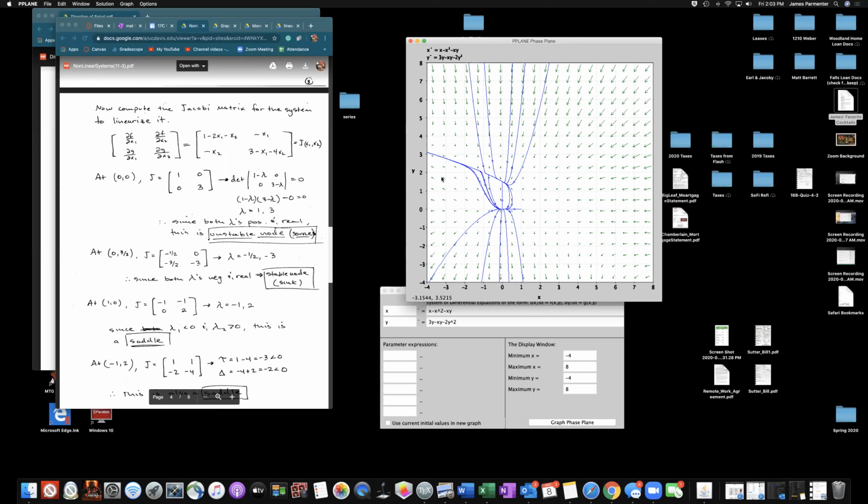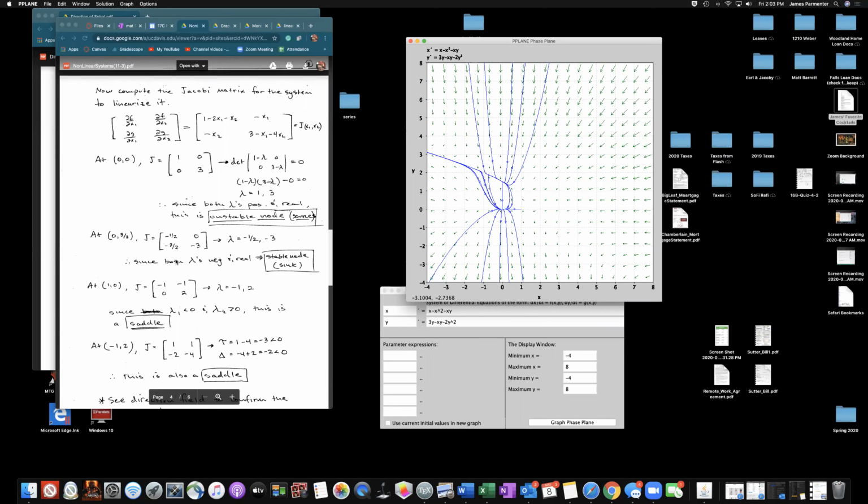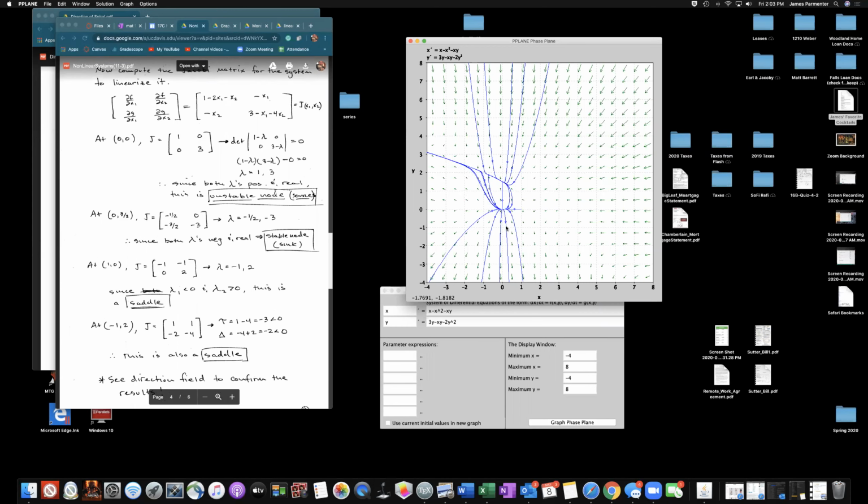Now, something weird's happening over here, we'll check out in a minute, because we're moving away from that. So it looks like there's probably a saddle over here. Yeah, there is. At 1, 0, which is right over here, we definitely have a saddle, right? So we're coming in towards 1, 0, and then we're shooting off in other directions. And then finally at -1, 2, we also have a saddle, which is up here.